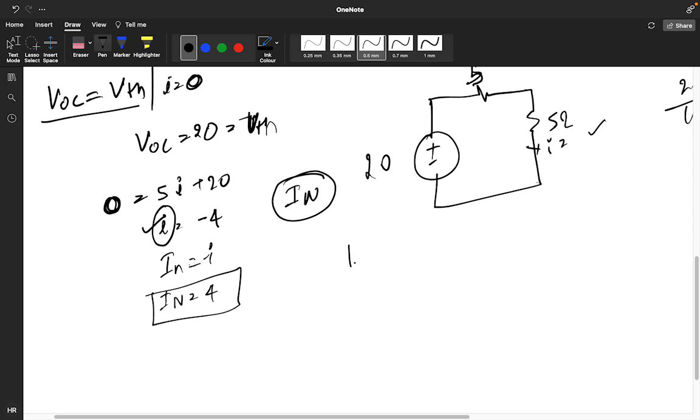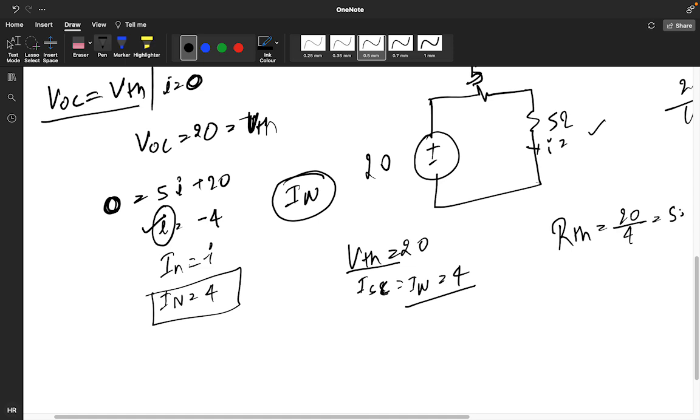So you have the Thevenin voltage that is 20, and you have ISC, or you can say I Norton, that is 4. The ratio of the Thevenin voltage and the Norton current will give you RTH. 20 divided by 4, you are getting 5 ohm.